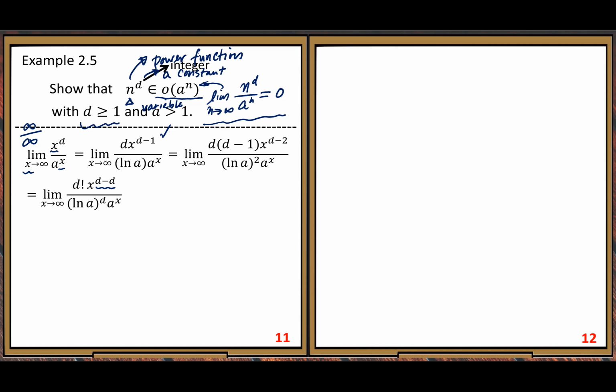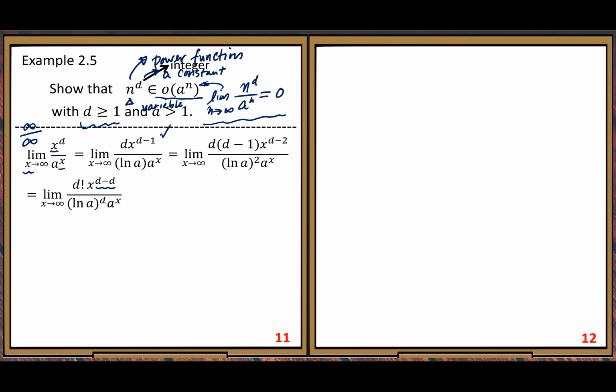Then you cannot apply L'Hopital's rule another time. That's illegal, because it's not infinity over infinity. It's not an indeterminate form. The numerator is determinate. So that means you have to stop applying L'Hopital's rule, but you can get the answer directly because the numerator is a fixed number, and the denominator still goes to infinity.